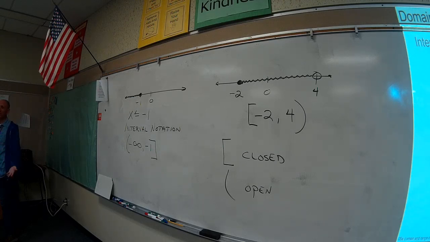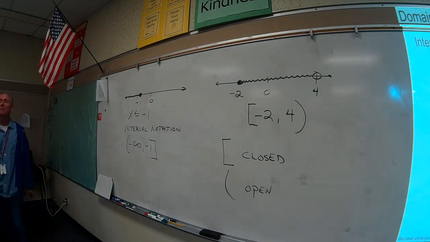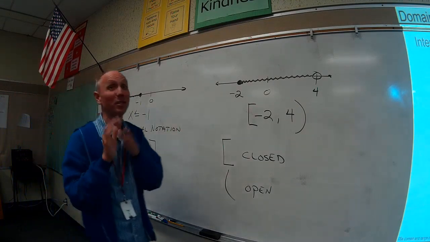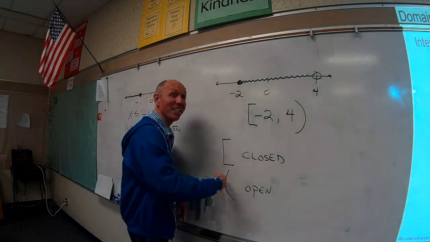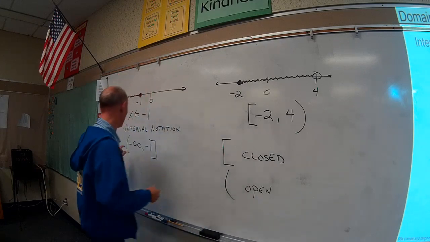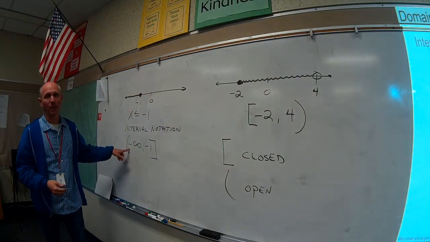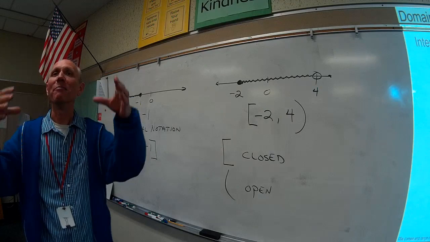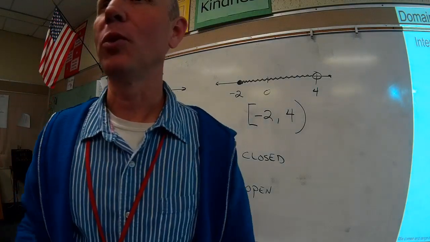It's an infinite series. It's beyond the scope of this class, but here's what I need you to buy into for today. This is open, that's closed, and on infinity we use an open, with the idea that I'm never really going to get there. Cool.